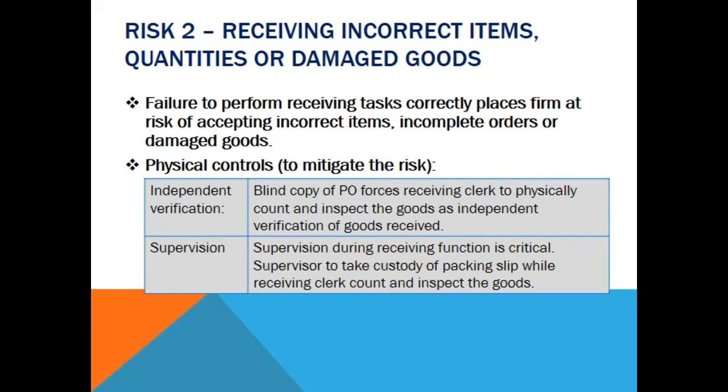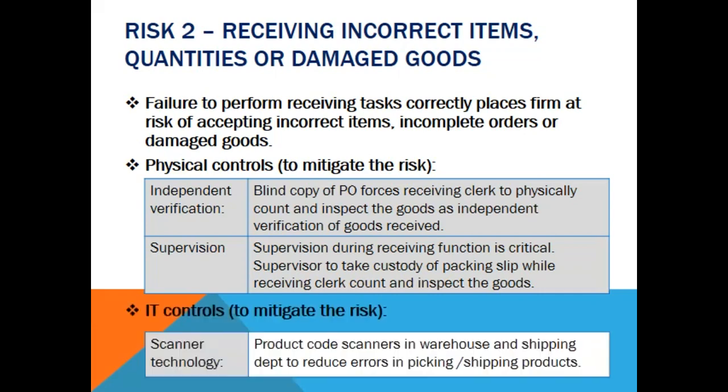The blind copy of the PO forces the receiving clerk to physically count and inspect the goods as independent verification of the goods received. In addition, supervision during the receiving is also critical. The supervisor can take custody of the packing slip, showing the items and quantity, while the receiving clerk can count and inspect the goods.